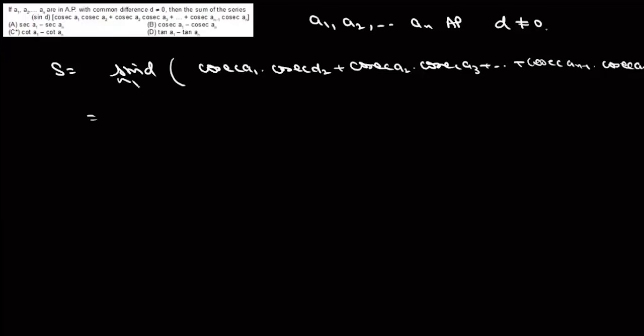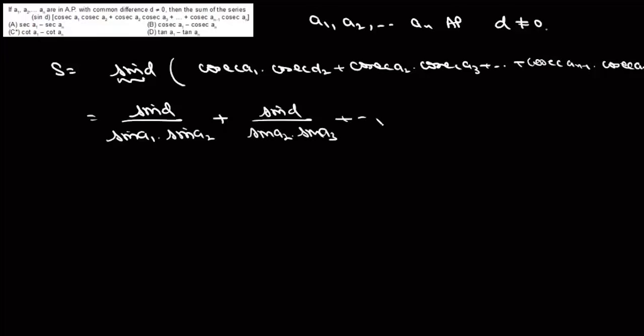Now we'll multiply the sin d inside, and we'll also convert them in sine. So we'll write sin d upon sin a1 sin a2 plus sin d upon sin a2 sin a3, and it'll go up to sin d upon sin a n minus 1 sin an.